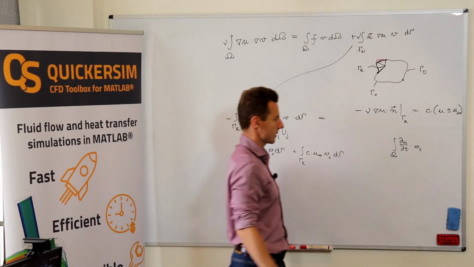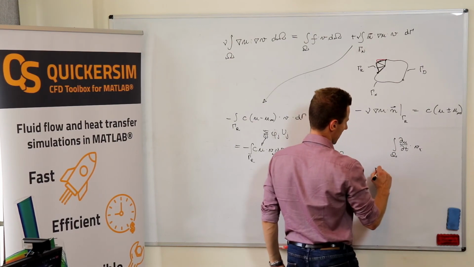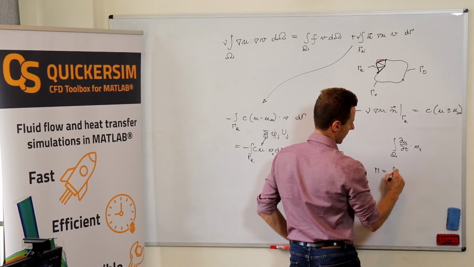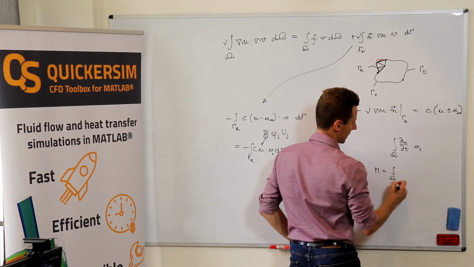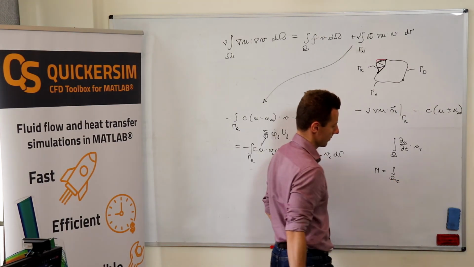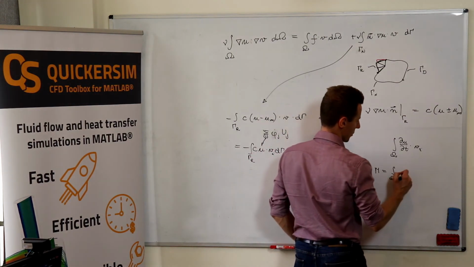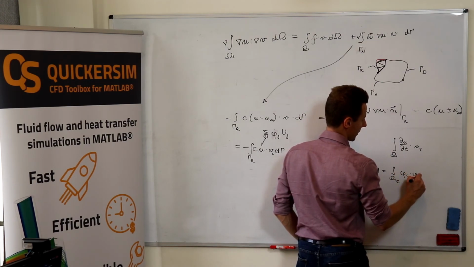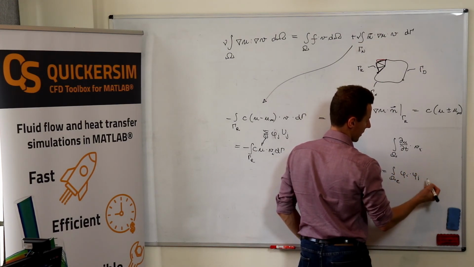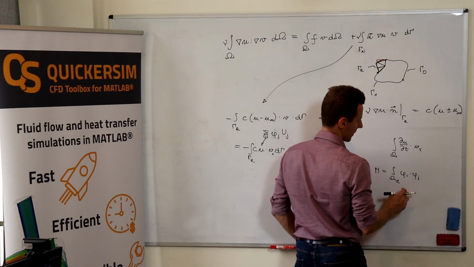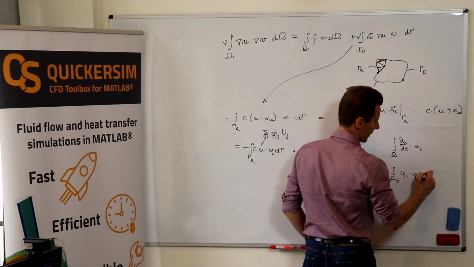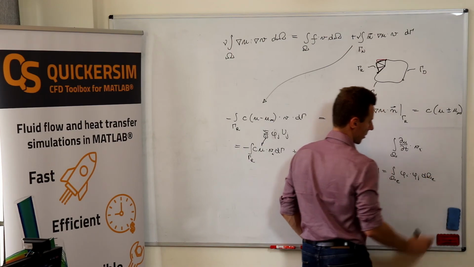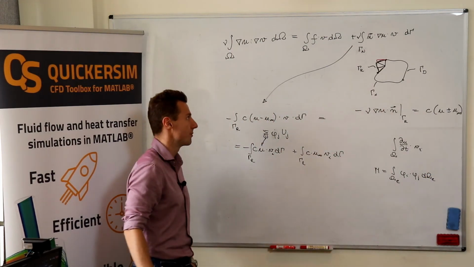So how does the mass matrix look? For a given element, it would be phi_i phi_j integrated over the element.